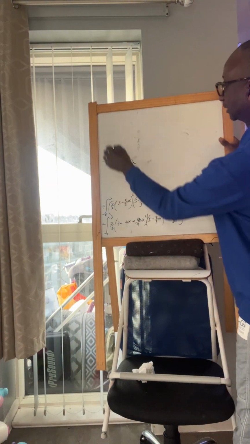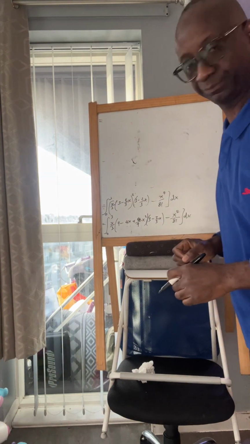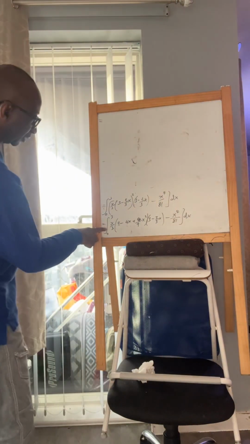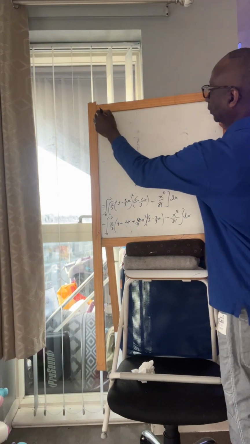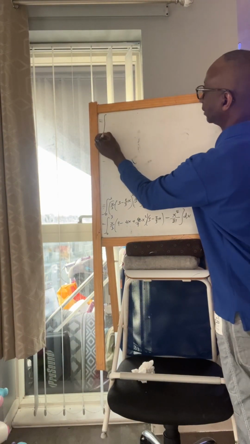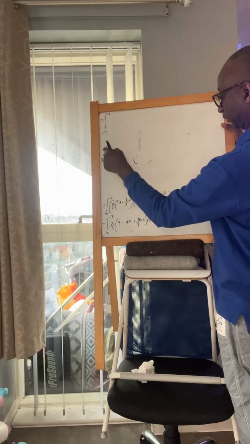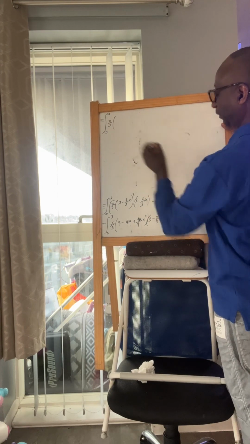So we have this one. Let us now expand this first. You still have your integral here, which is 0 to 3. You have your x all over 3. Forget it.